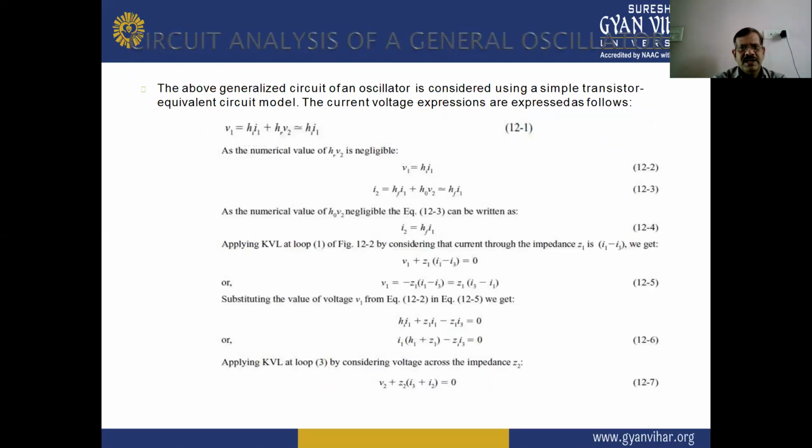The above generalized circuit of an oscillator is considered using simple transistor equivalent circuit models. The current-voltage expressions are written for this circuit. So V1 equals hi I1 plus hr V2, and as the numerical value of hr V2 is negligible, V1 equals hi I1.